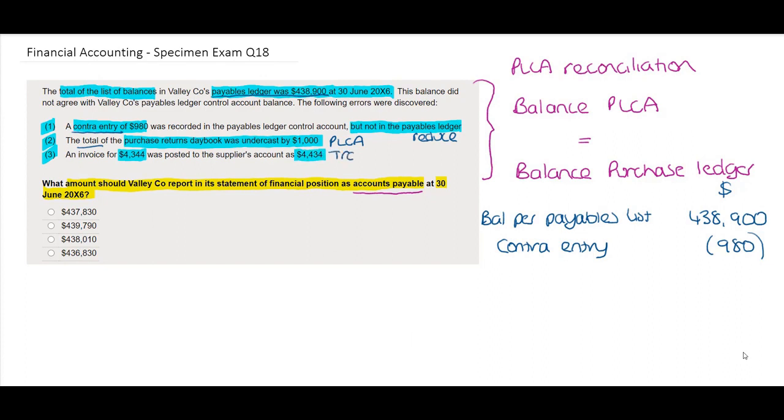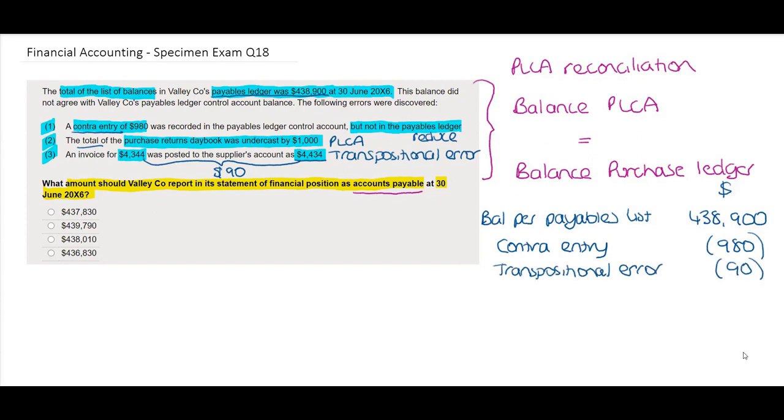So here we have a transpositional error. The difference between these two amounts is $90, and we can see what was posted to the supplier's account was bigger than what should have been posted as per the invoice value. And so therefore we're going to need to reduce our payables list for this invoice error.